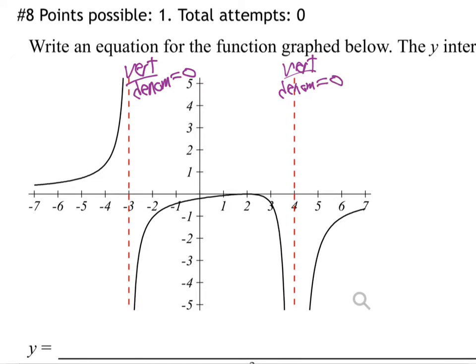Because a function only goes down to negative infinity or up to positive infinity when you make the denominator 0. So that tells us that y equals, and then this is negative 3, so it's opposite, x plus 3. This is plus 4, so that's minus 4.